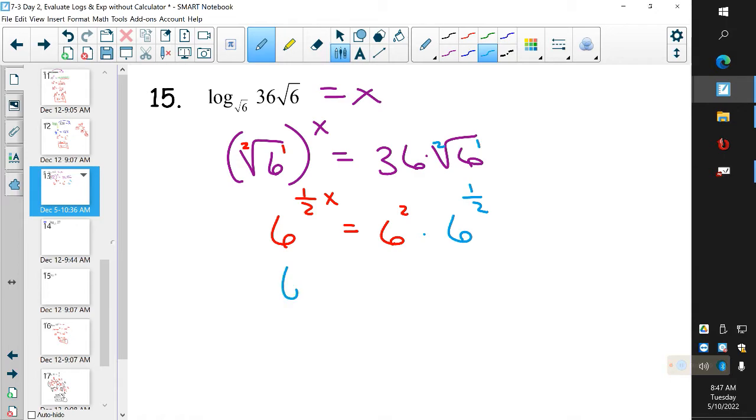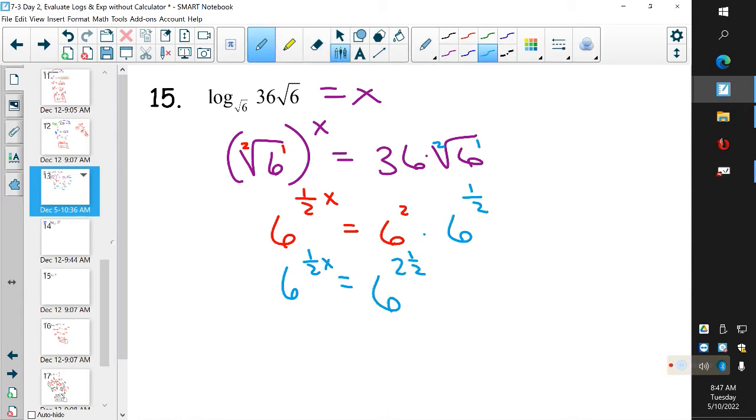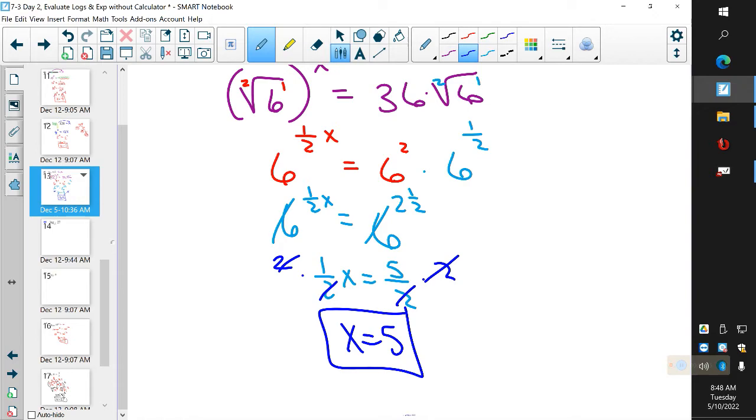I'm going to add the exponents on the right-hand side. So that's going to be 2.5. I'm going to make those equal to each other now. So this is 1/2 x is equal to, do the C rule, 2 times 2 is 4 plus 1 is 5 over 2. Now how do I get rid of this 1/2? Multiply by 2. Those 2's cancel, x is equal to 5.